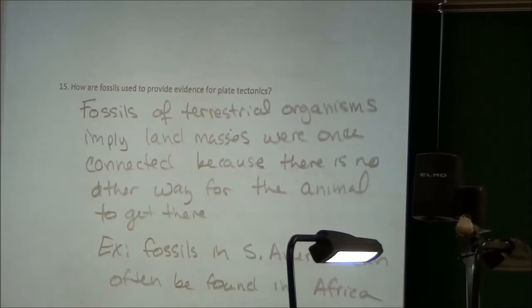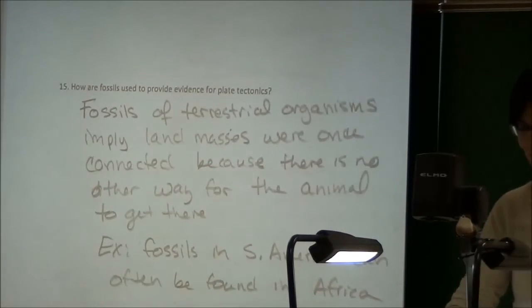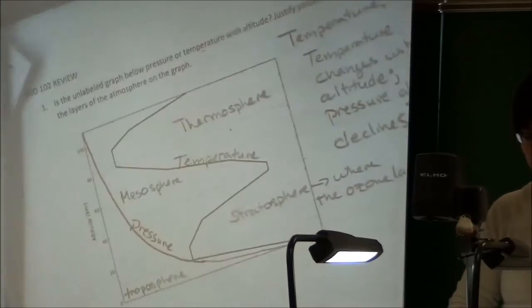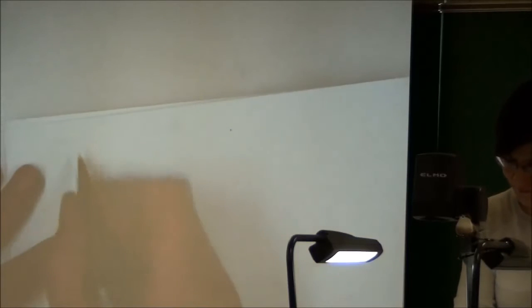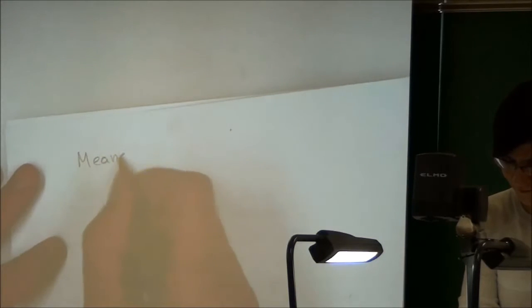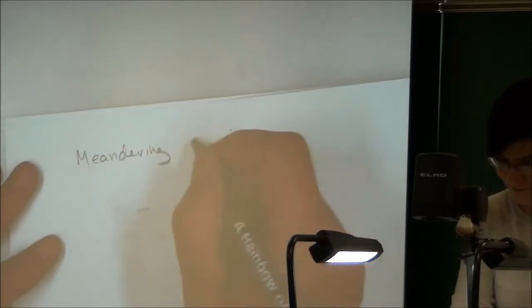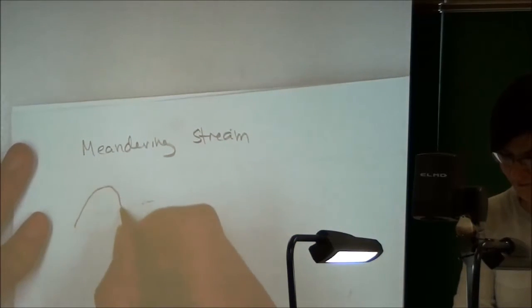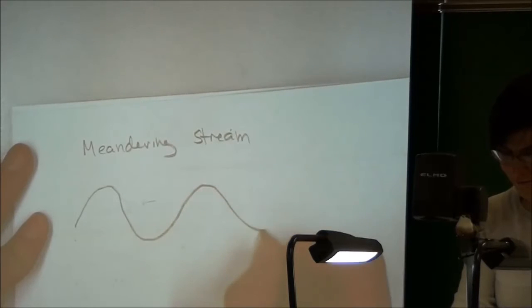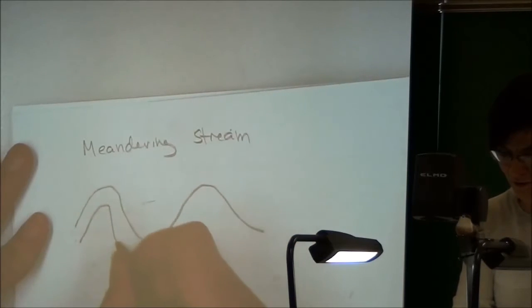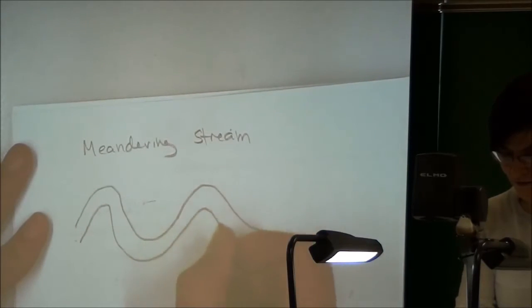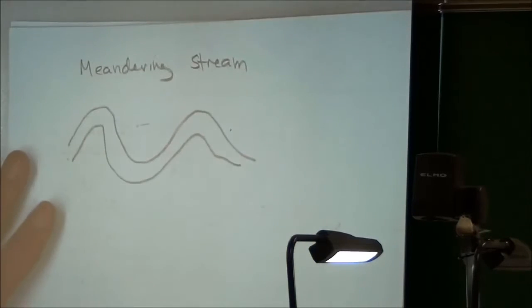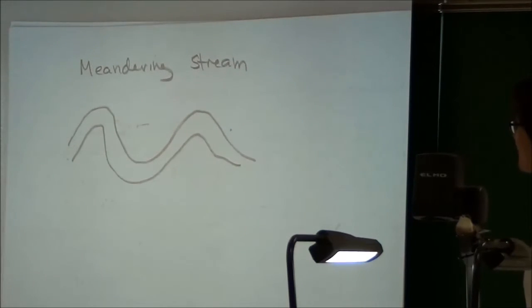So, I'm going to draw a diagram of a meandering stream. A meandering stream is a stream with curves. Yes, we can start making real streams have curves jokes if anybody wants.